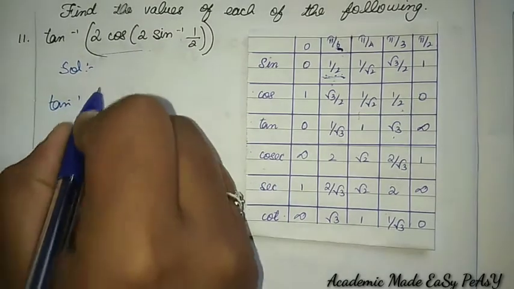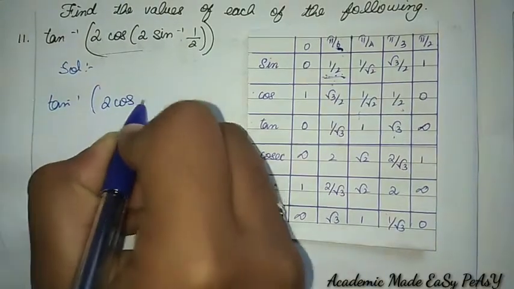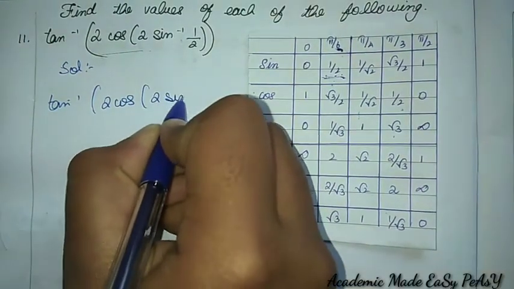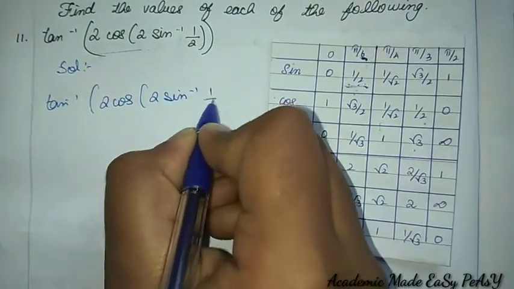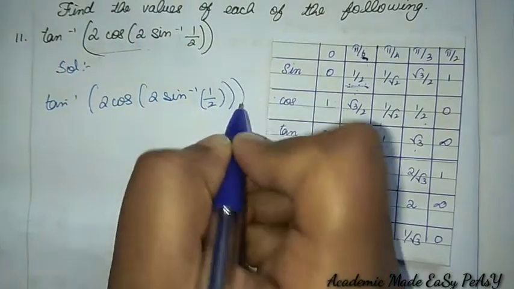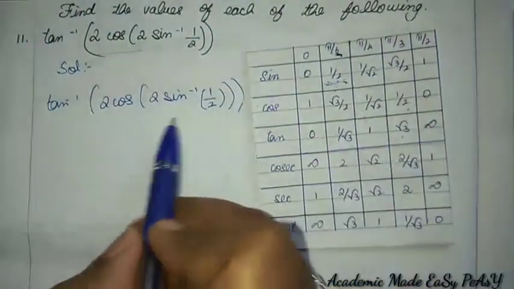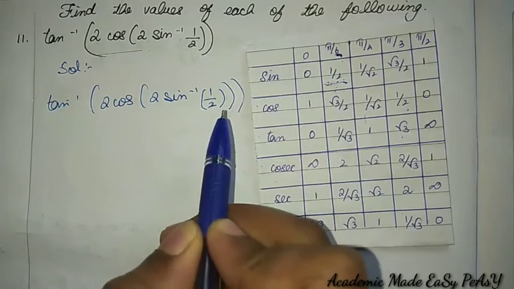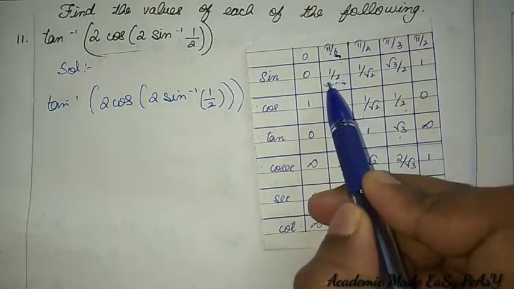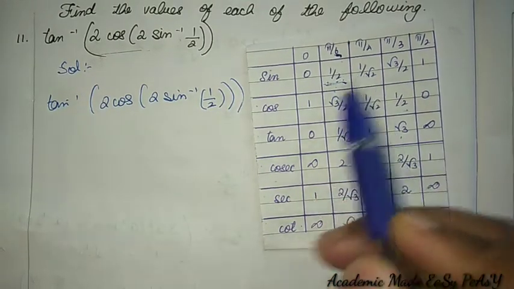Tan inverse 2 cos 2 sine inverse 1 by 2. Now I have to check in what all places I will have sine 1 by 2. So sine is 1 by 2 at pi by 6.